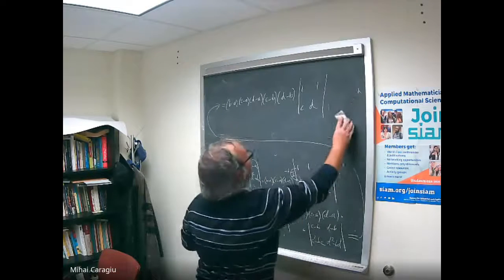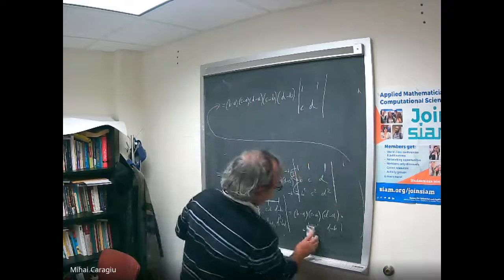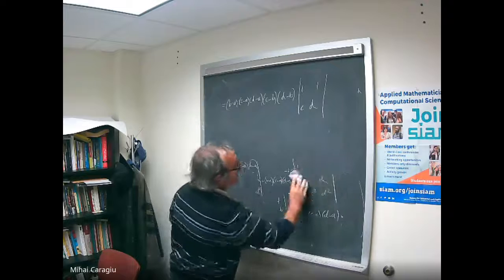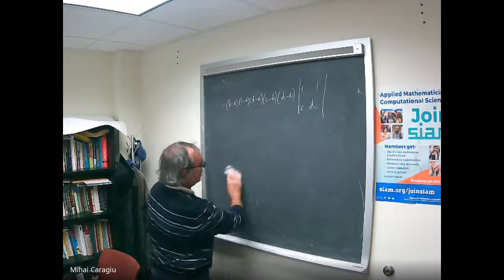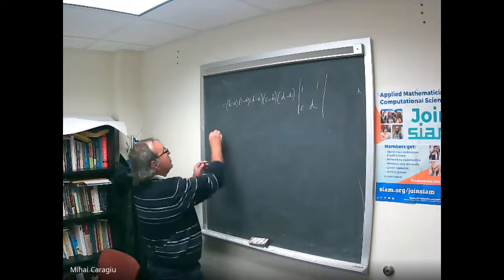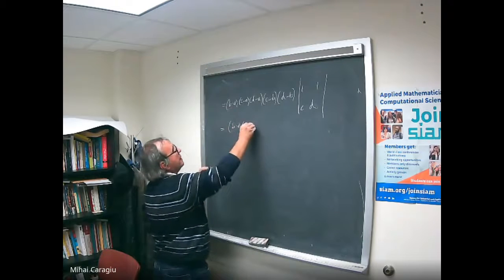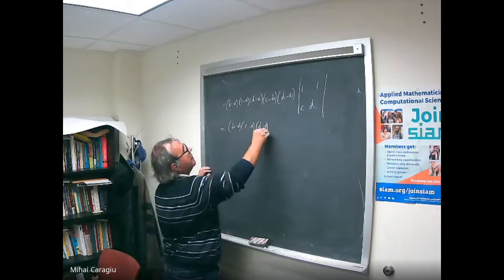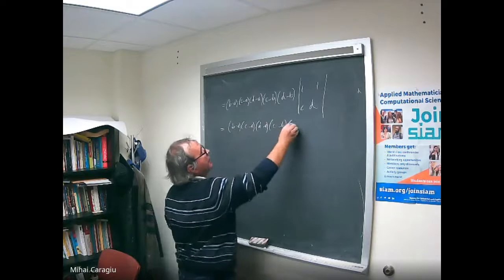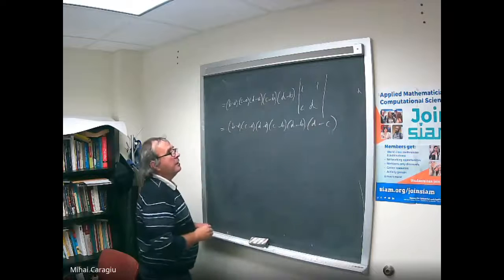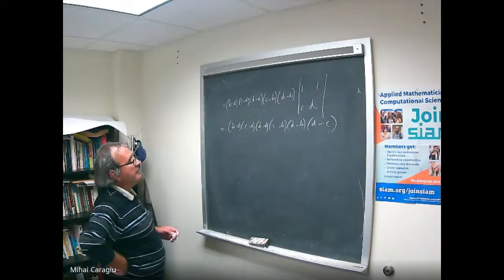So this will be D minus C. So what's the final result? Equals B minus A, C minus A, B minus A, C minus B, D minus B, D minus C. It's a product of 6 factors.